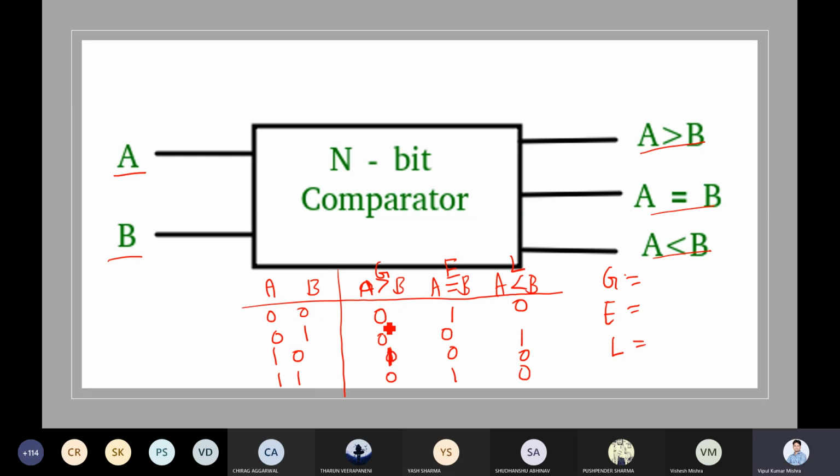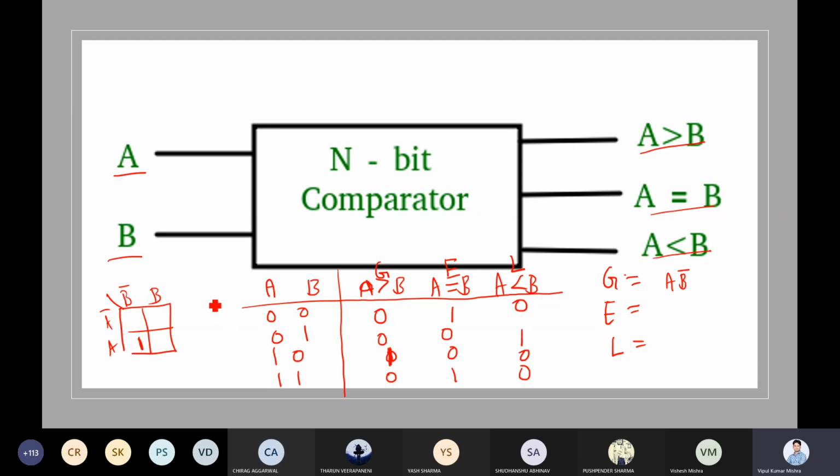In case of greater than, we have only one single 1. So do we need a K-map to make this circuit, or can we directly get the value? Let me draw it so that you can understand. For greater than, what will be the value? A B bar.